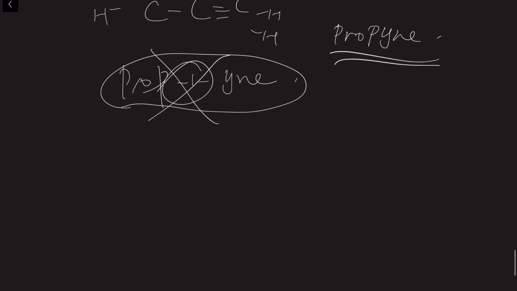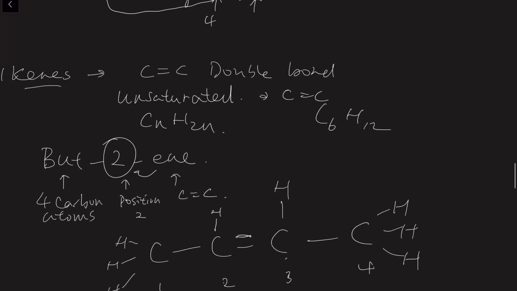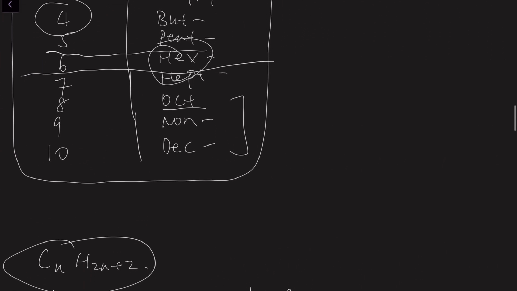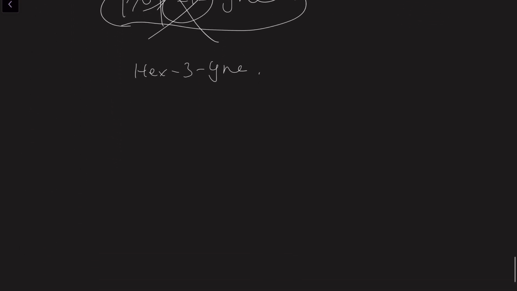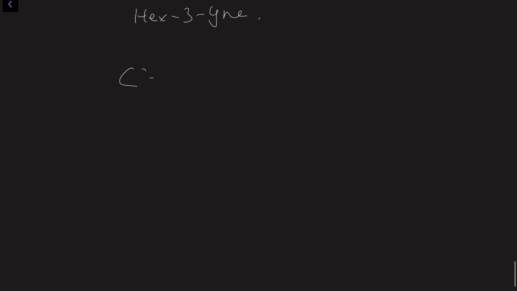So let's draw hex 3 YNE. So when you go back to the table, hex is 6 carbon molecules. So 1, 2, 3, 4, 5, 6. And we want the triple bond to be in carbon number 3. 1, 2, 3. So this should be the position of the triple bond.